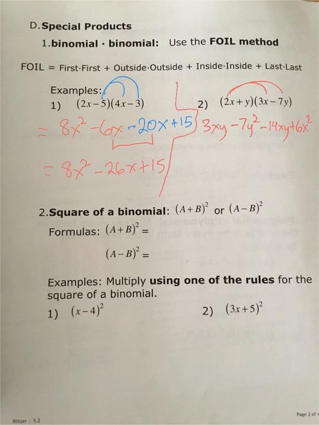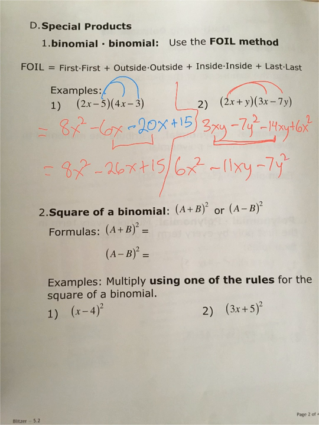And now I clean things up and I notice these two terms right here are like terms. So when I put things in a different order, I could write the 6x squared first. These two right here combine to give me negative 11xy. And then I have that 7y squared floating around and it's negative.